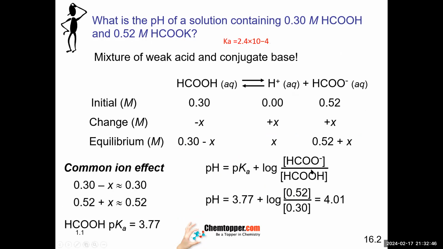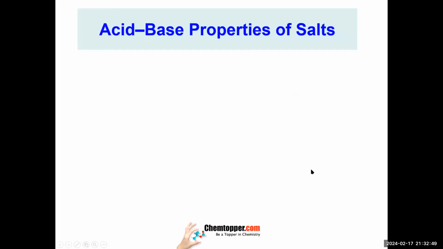so now we are going on to the next topic, acid base properties of salts. So first of all, what are salts? During an acid base reaction, a salt is formed with water. Water is there if you are dealing with hydroxides.